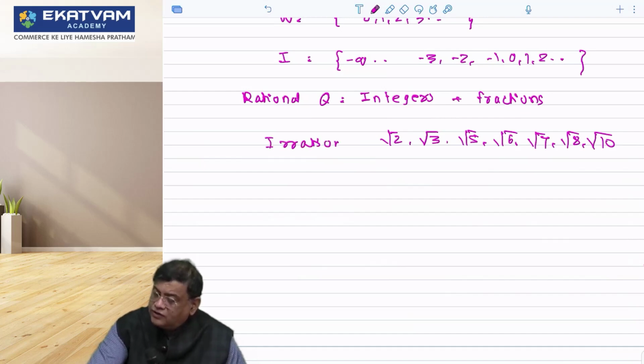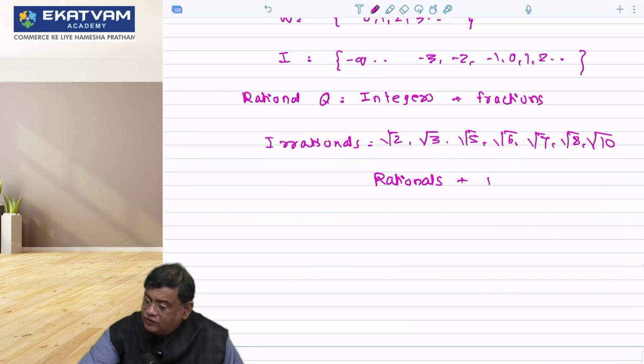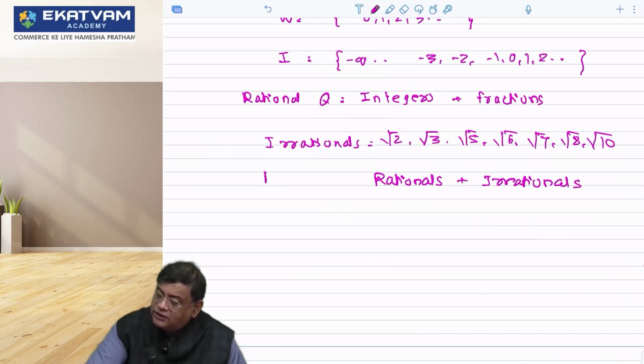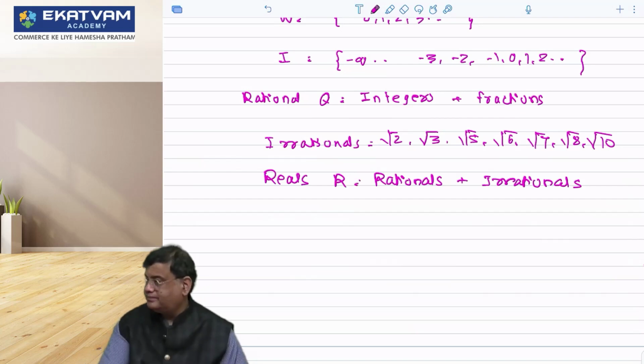And when you consider rationals plus irrationals, you get the set of what are called real numbers, and that is denoted by R.